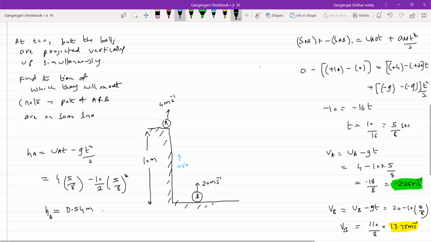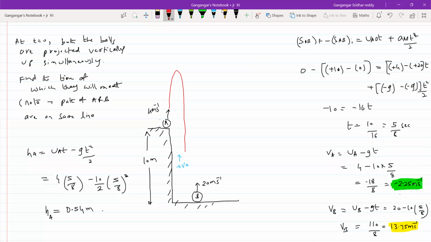Somewhere here. So I'll plot it now. It is going to ascend. It will continue its path. There won't be any problem. So this will be ascending.